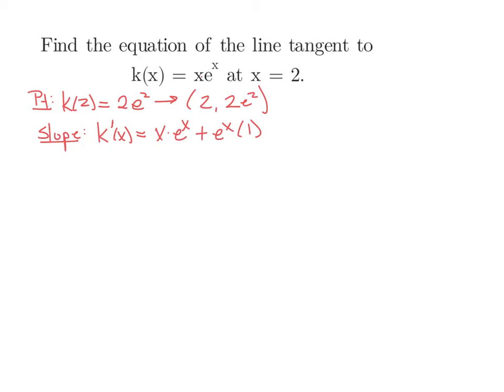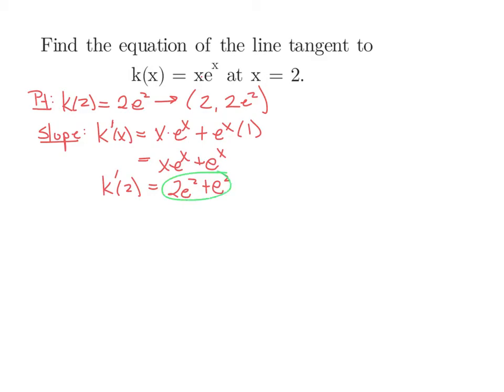All right, so we get a nice x e to the x plus e to the x. When we want the slope at 2, we're just going to plug 2 in there, and we'll have 2e squared plus e squared.